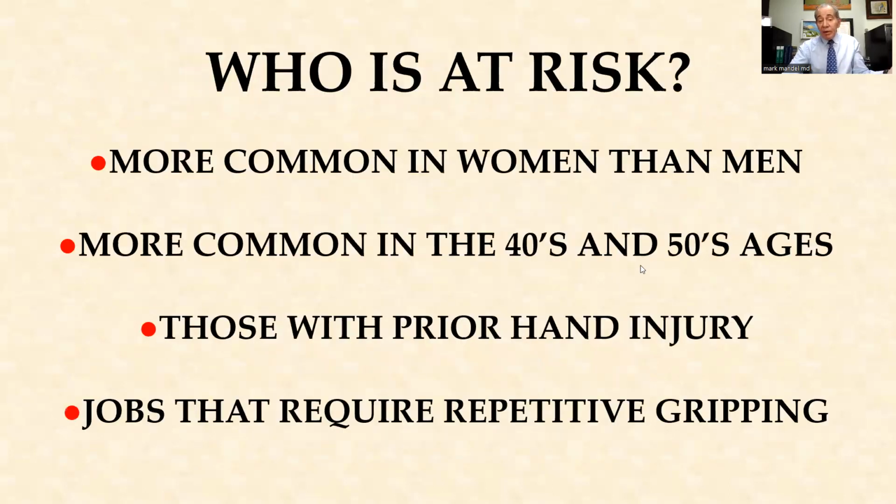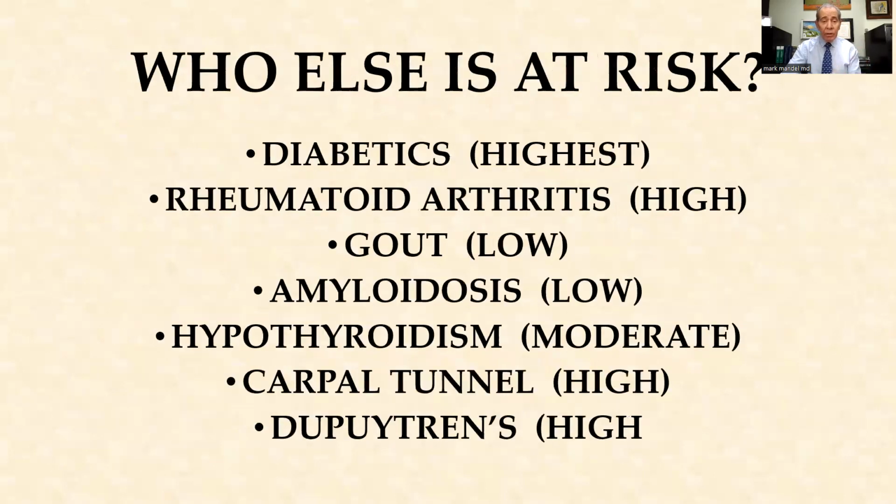Who's at risk? Well, women are more common than men, more common in the 40s and 50s, very common in patients who have a prior hand injury, and quite common in people whose jobs require a lot of repetitive gripping. But who else is at risk? Because not every injury is work related. Well, diabetics have a high incidence, rheumatoid arthritis not quite as high.